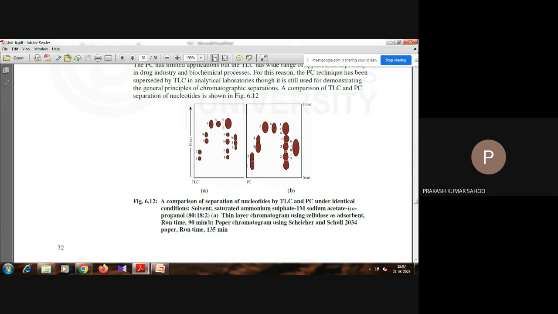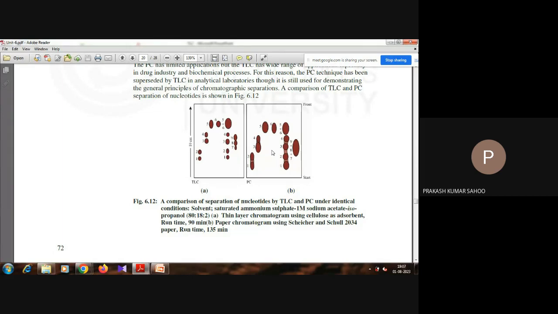Let me read this one. A comparison of separation of nucleotides by TLC and PC under identical conditions. Solvent is ammonium sulfate, 1 molar sodium acetate, isopropanol, that is 80 to 18 to 2. The first one is the TLC chromatogram using cellulose as adsorbent. Runtime is 90 minutes.